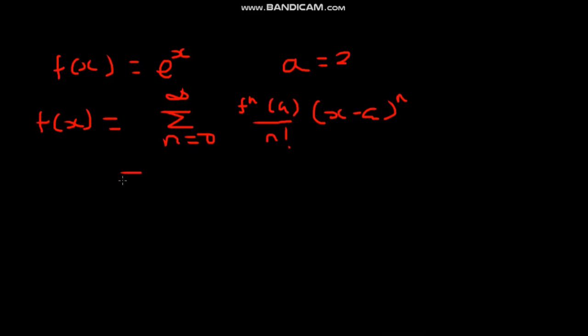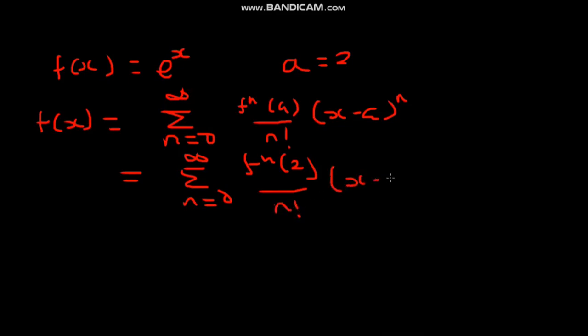So we can write this as the sum from 0 to infinity of the nth derivative of the function at 2 over n factorial times x minus 2 to the power n.